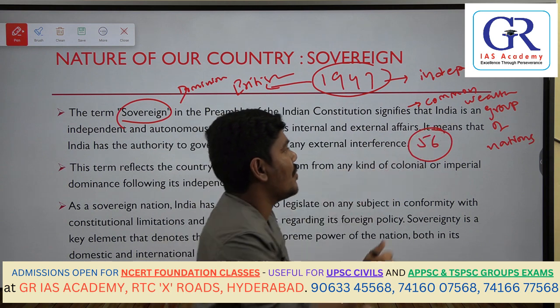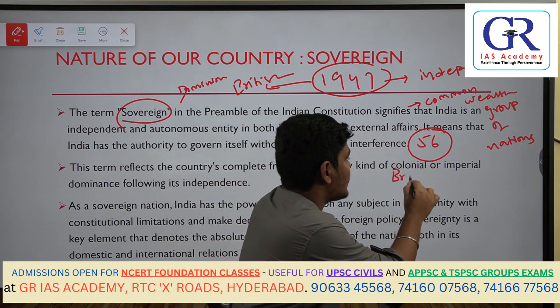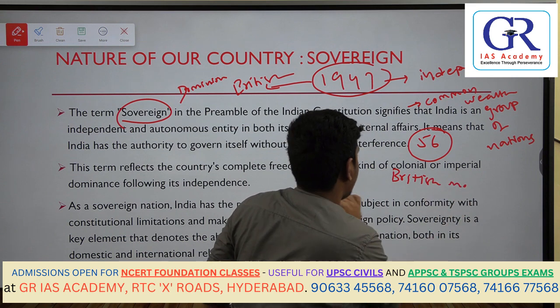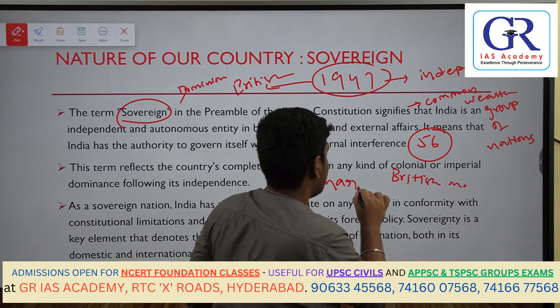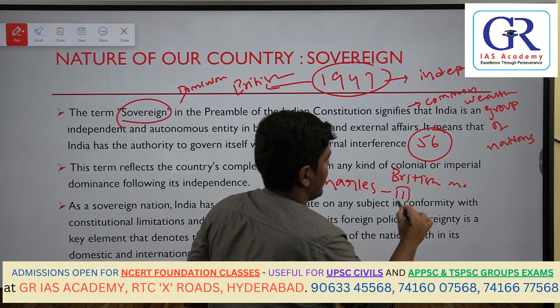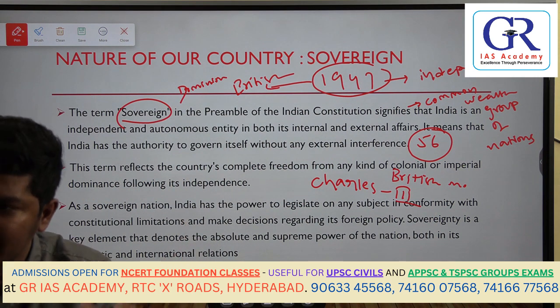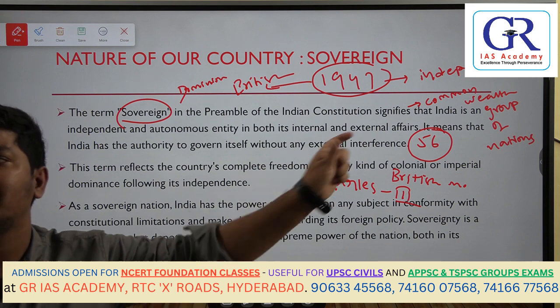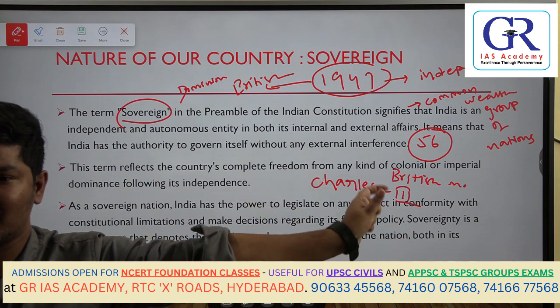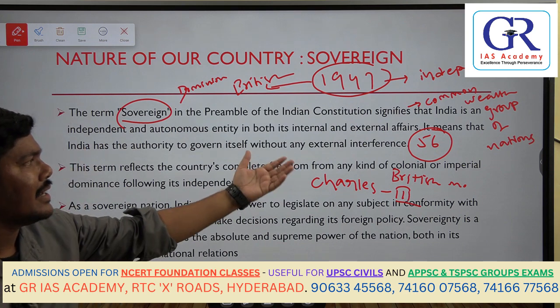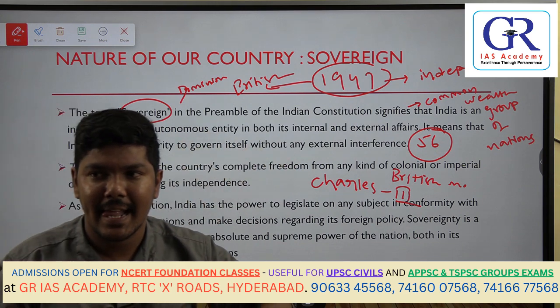And the head of this Commonwealth Group of Nations is the British monarch. Who is that? Charles III. Charles III is the British monarch now, and he is the head of this group. Does it mean that since we are part of it, he has some control on us?